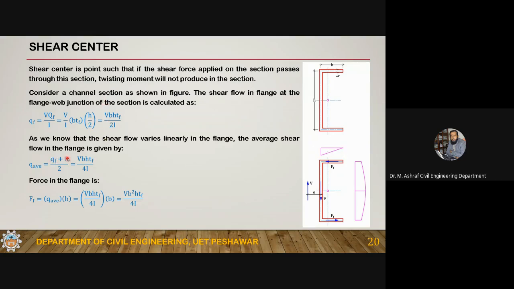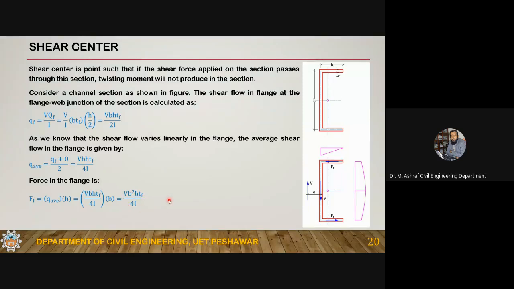So (q_F plus 0) divided by 2 is equal to V B H TF divided by 4I. This is the average shear flow in this flange. How to get the force in the flange? F_F is the average times the width of the flange, so this is equal to V B squared H TF divided by 4I.